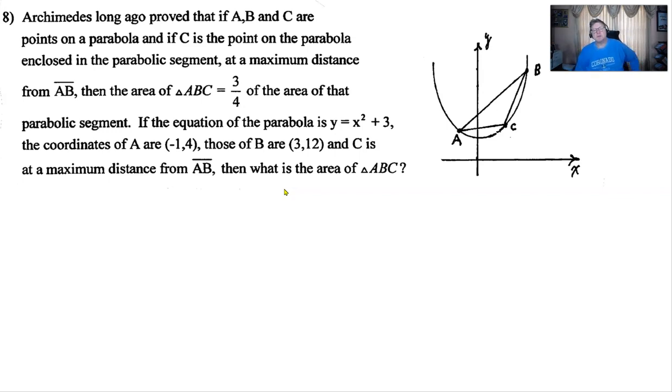Now, there is some terminology in this problem that might be a little new to you depending on where you are in the course. So first of all, this C is going to be that maximum distance.